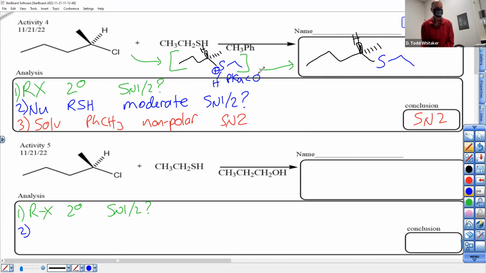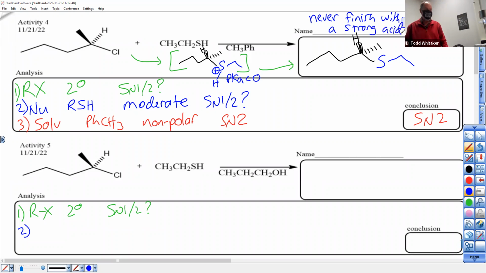Periodic table says if you go down a column, the acids get stronger because of size. So sulfur with a plus is even more acidic than oxygen with a plus. So yes, these are all strong acids. Never put a strong acid in these boxes. Never finish with a strong acid.